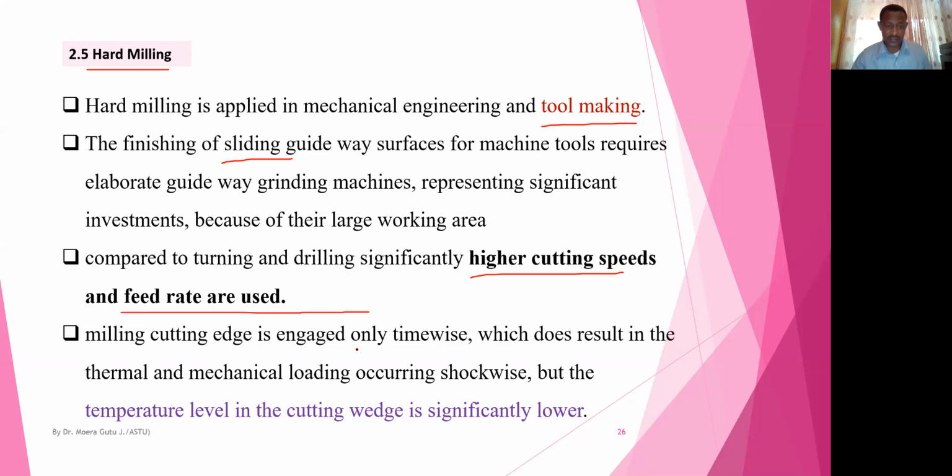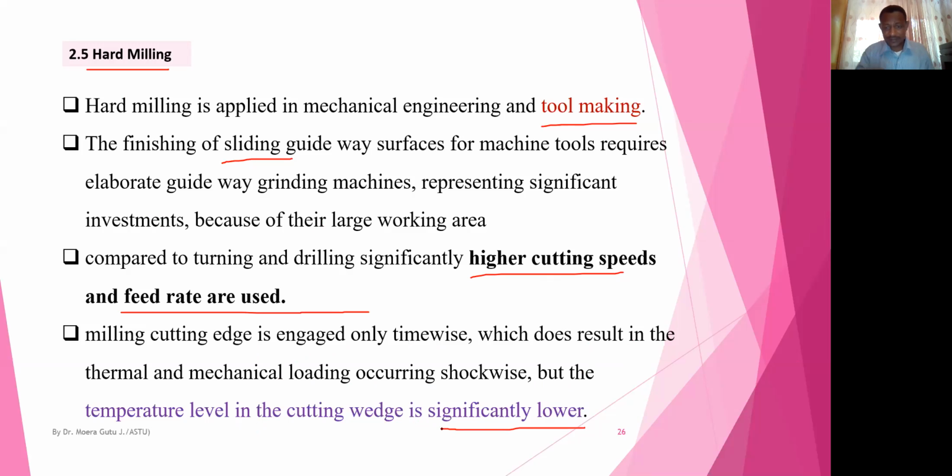The milling cutting edge is engaged only time-wise, meaning it engages once with the workpiece, and then it is out. This results in the thermal and mechanical loading occurring shock-wise. So it is intermittent, not continuous. But the temperature level in the cutting wedge is significantly lower.